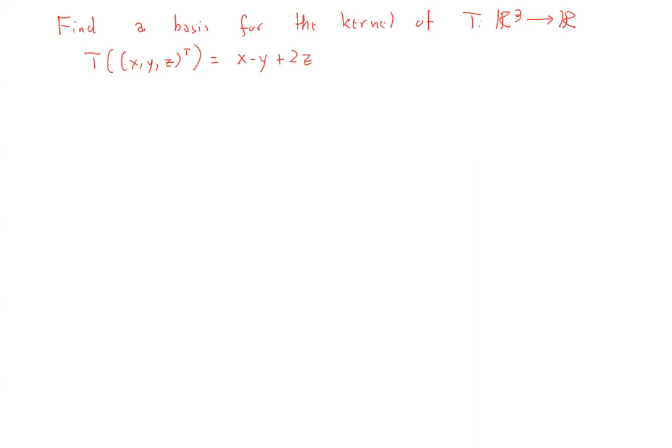What is the kernel T? So the kernel T is going to consist of all vectors X, Y, Z, such that X minus Y plus 2Z is equal to 0. Very good. Okay, so let's try to identify those things.